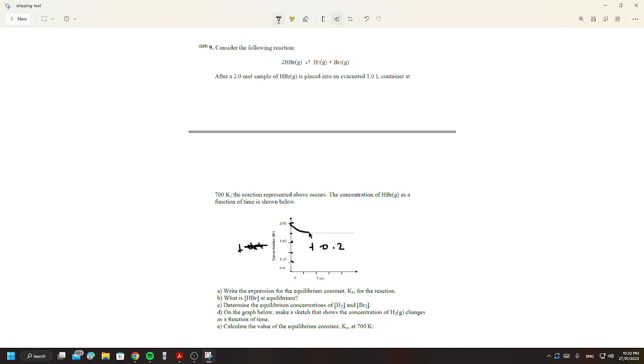This is the graph of concentration versus time, showing how the concentration changes as the reaction goes on. We can see that the graph stabilizes at around this point here, and this point is going to be 1.6 plus 0.2, so 1.8.